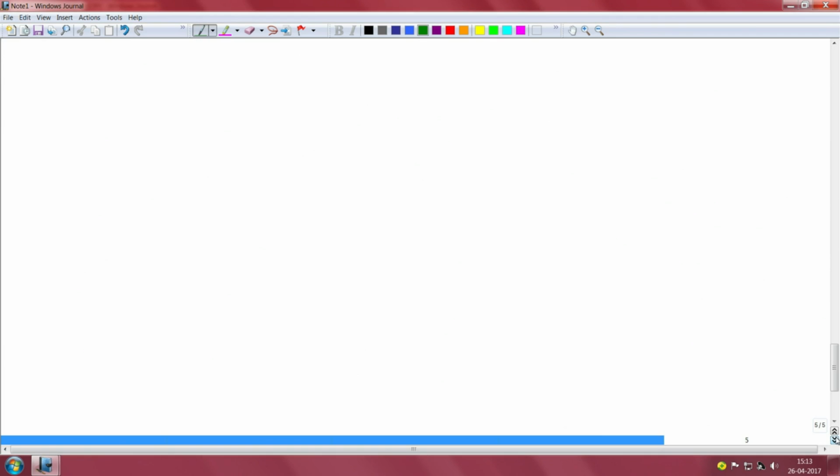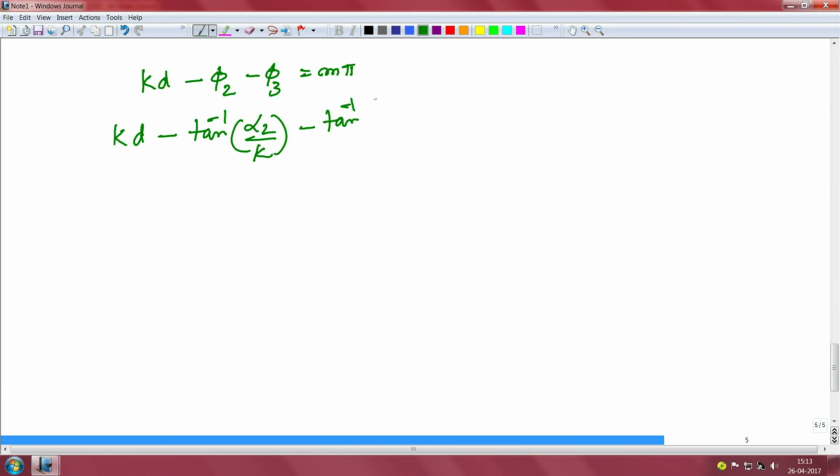In other words, we have got a solution like kd minus phi 2 minus phi 3 equals m pi, and replacing back phi 2 and phi 3 with tan inverse alpha 2 by k and tan inverse alpha 3 by k, we get kd minus tan inverse alpha 2 by k minus tan inverse alpha 3 by k equals m pi.